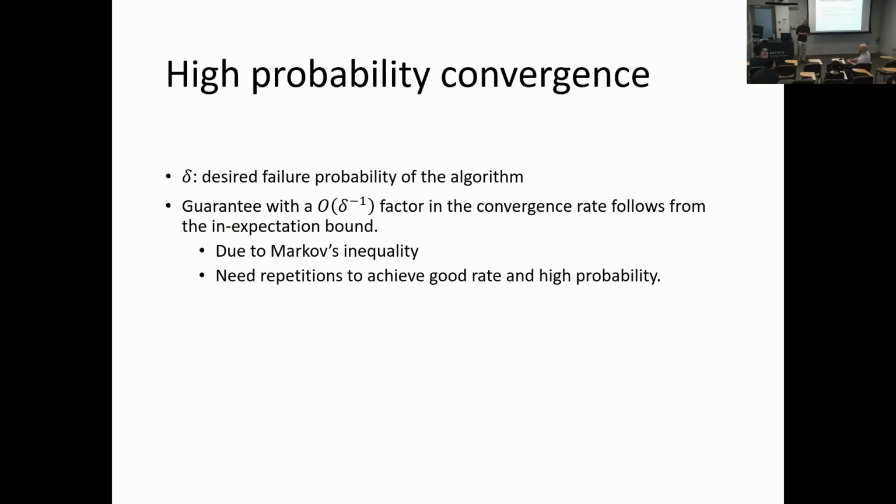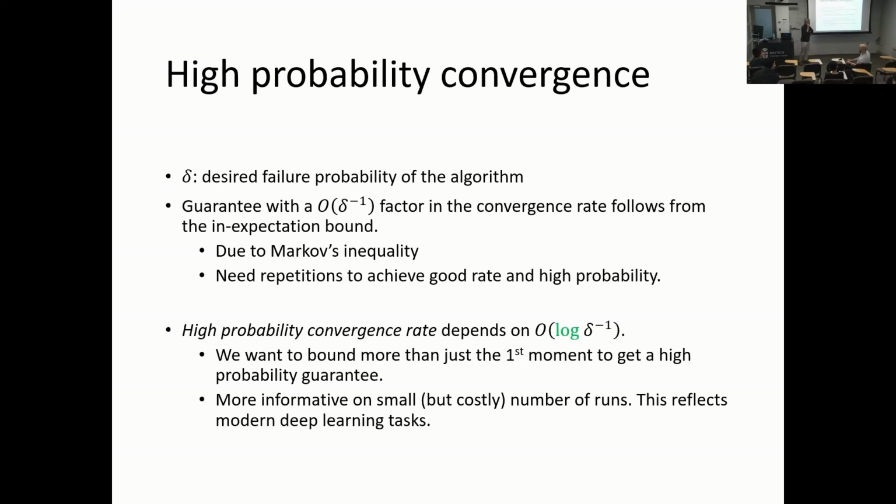Generally, people don't train many times and take the best one. That's too expensive. So can we actually show that this gradient descent method has very low failure probability?